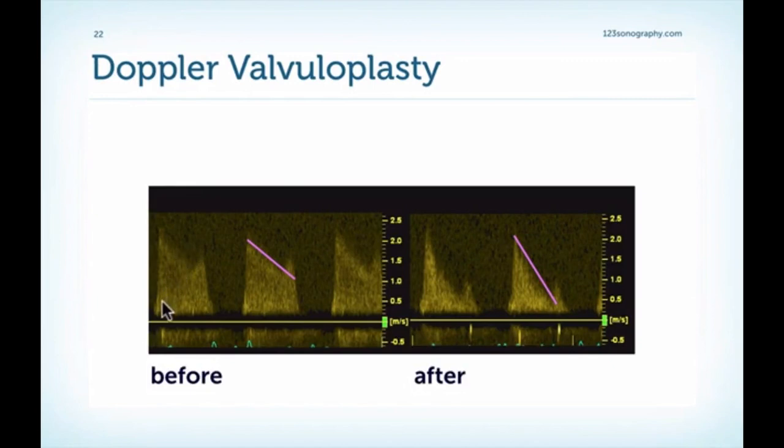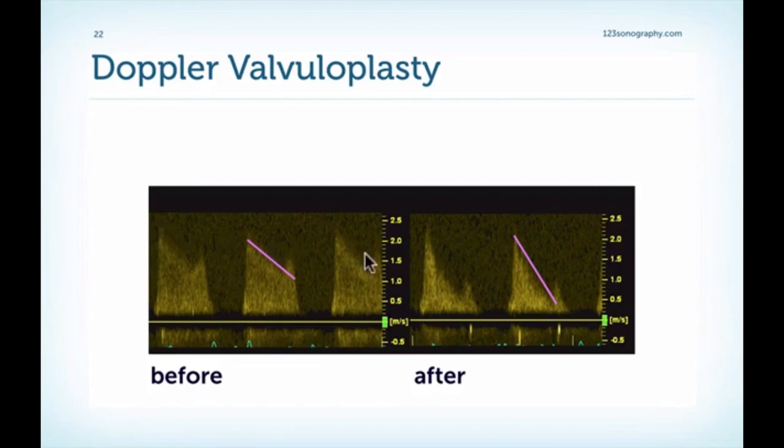You can immediately see that the mean gradient has dramatically dropped after the procedure. You see that the area under the spectrum is much larger here than here. However, note that the maximum velocity did not really change as much. Another indication that the maximal gradients are not as good in assessing the severity of mitral stenosis.